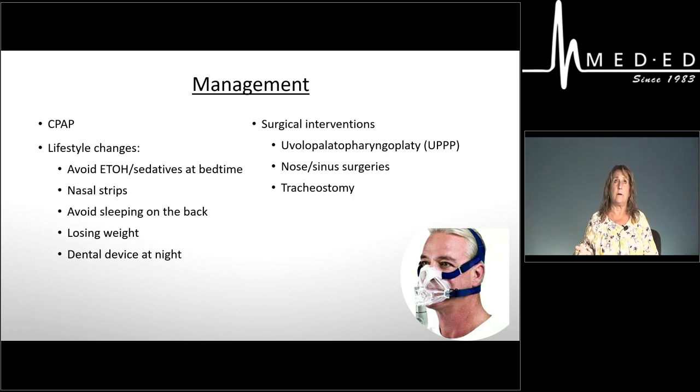Hopefully they will agree to that in an outpatient type setting or in the home setting, because they can do them at home now too. So CPAP is the standard of treatment or first line treatment for sleep apnea. There's a lot of other lifestyle changes or dental devices and things like that that are on the market, but none of them have proven to be beneficial over the long term.